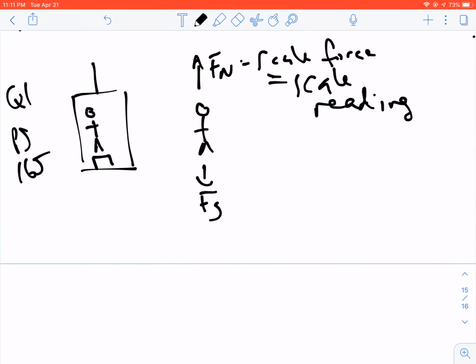Now, if the person's in an elevator and they're not moving, that means acceleration is obviously 0. Now, if I was to look at what are the forces acting here, we're told that this is a 70 kilogram person. And the question is, what will the scales be reading? Okay, so notice that the scale readings are going to change during this question, whether the elevator is moving or accelerating or changing its velocity at any point in time, the scales will increase.